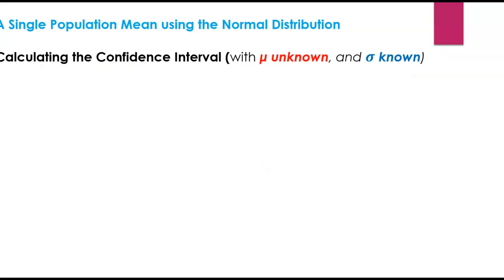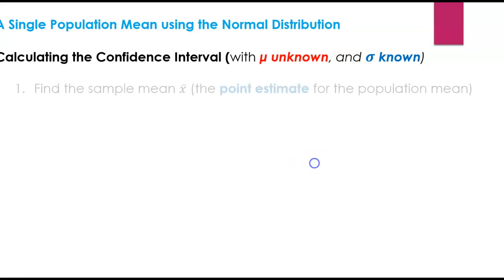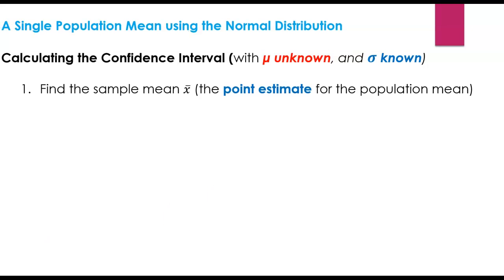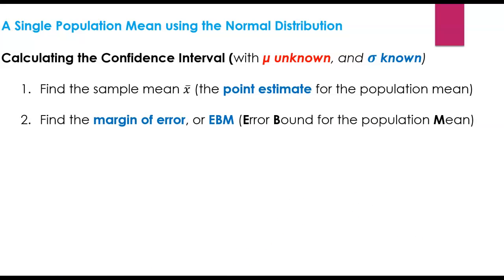Okay. Calculating the confidence interval with mu unknown and sigma known. We're finding the sample mean x bar, which is the point estimate of the population mean. We're going to find the margin of error, or EBM, which stands for error bound for the population mean.